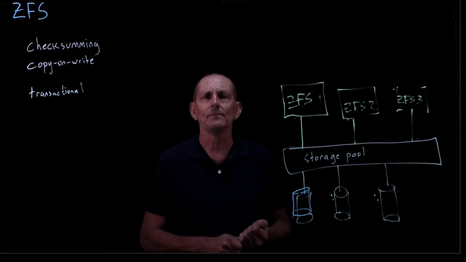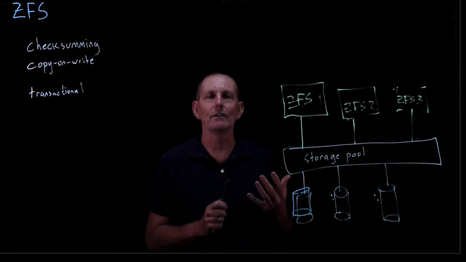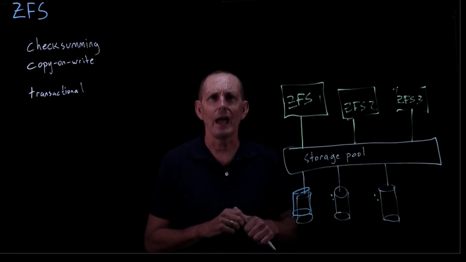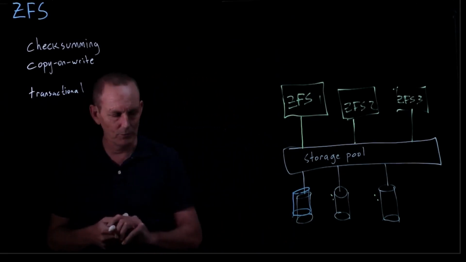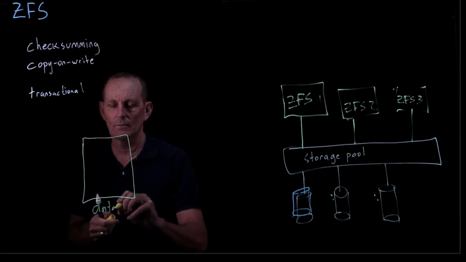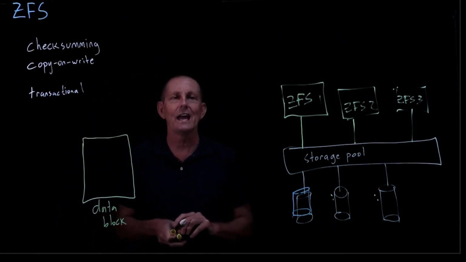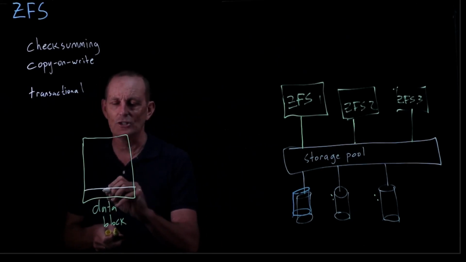So let's say we are concerned about the fidelity of our data, and let's look at one way we can do that. Let's say we have a data block, and we are going to reserve some space and add a checksum.